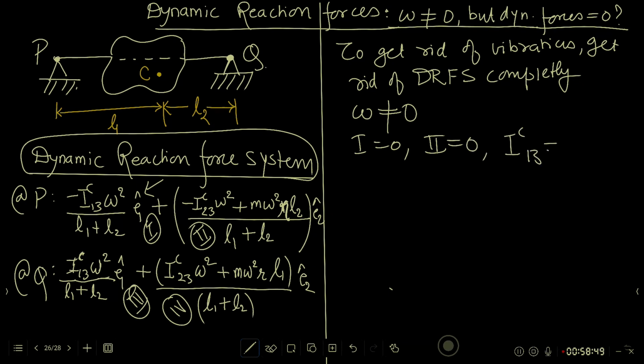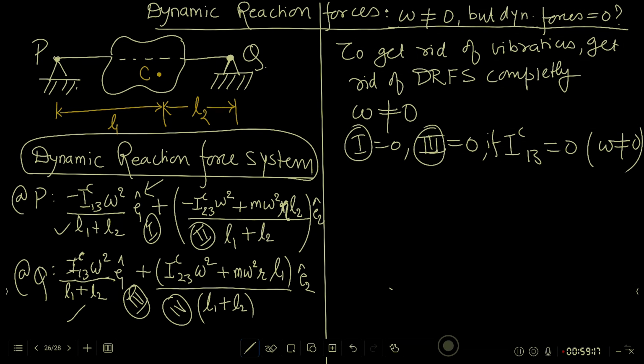Even then it will take us home. Pay attention to the expression there. IC13, if you ensure, is 0, 1 and 2 will be gone. 1 and 3 will be gone. Talking about this and this, I also have to kill E2 components here, 3, 2 and 4.